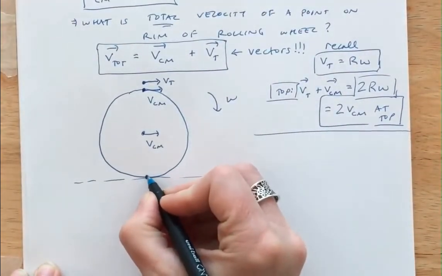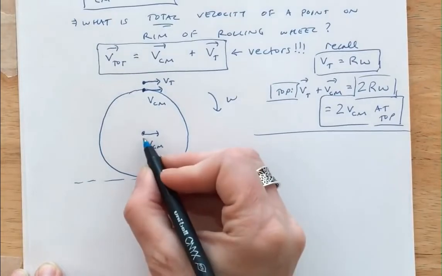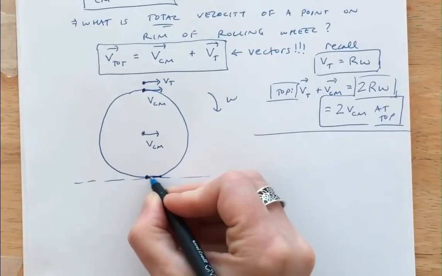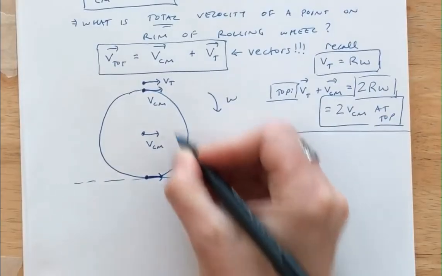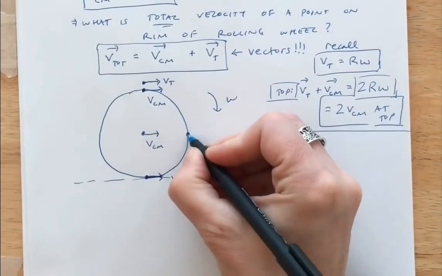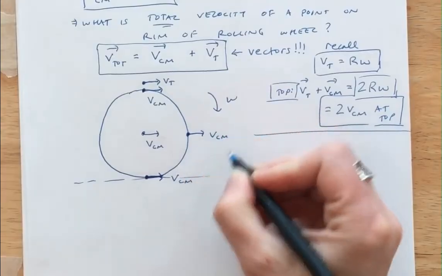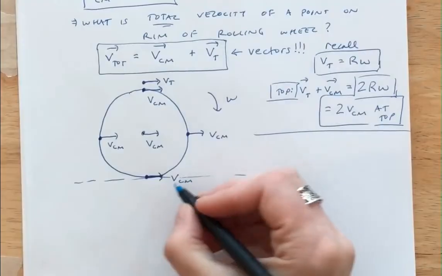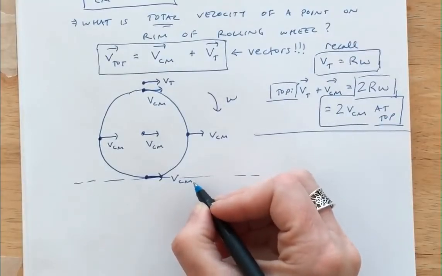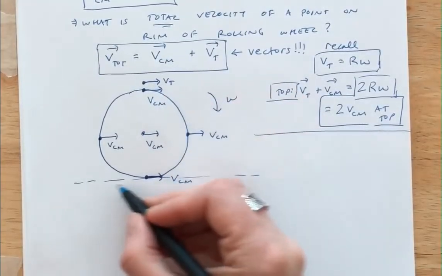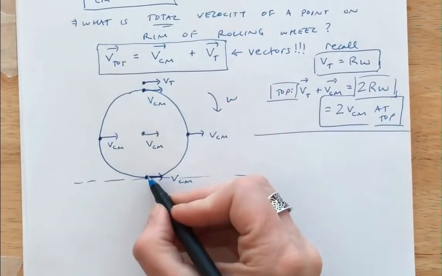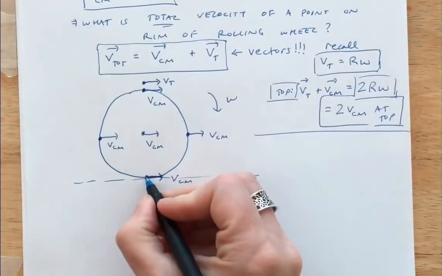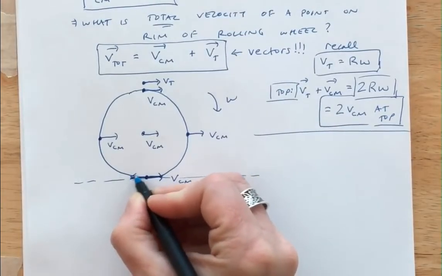At the bottom, let's see what would happen. We would then have the velocity of the center of mass vector pointing towards the right, just like it is for every point. So this point has v sub cm also. They all have that translational velocity of the center of mass. And then the tangential velocity for this point on the wheel, because the spinning is in this direction, as indicated by omega, is actually going to point backwards.